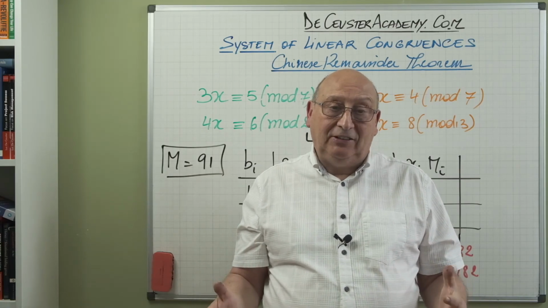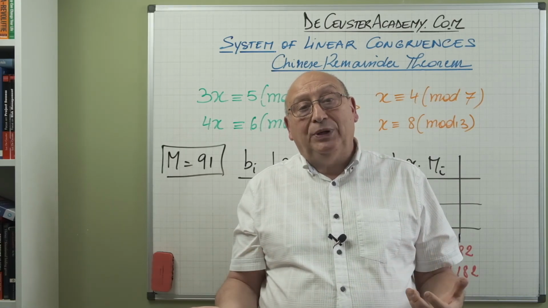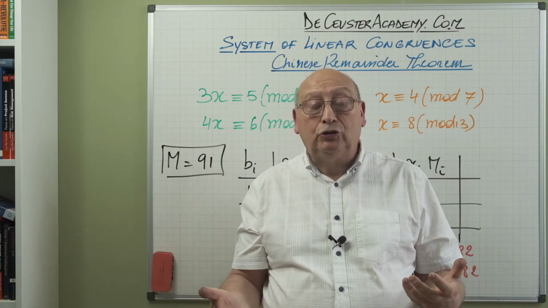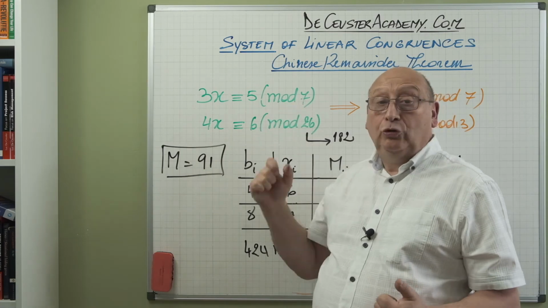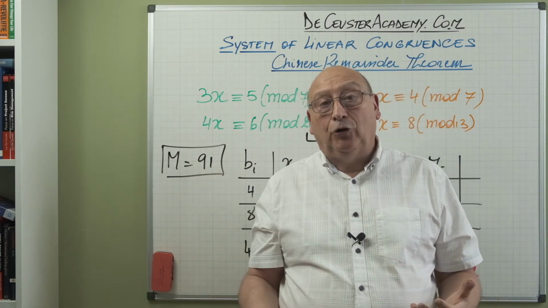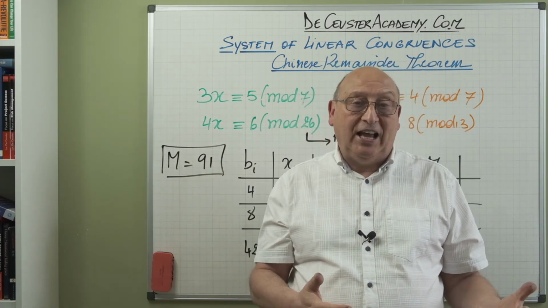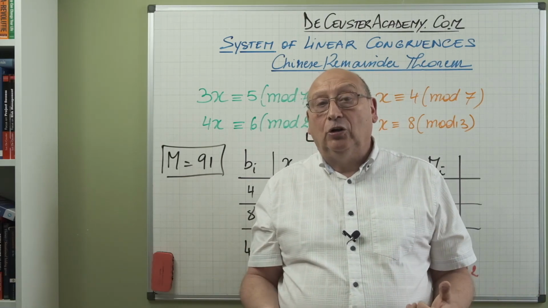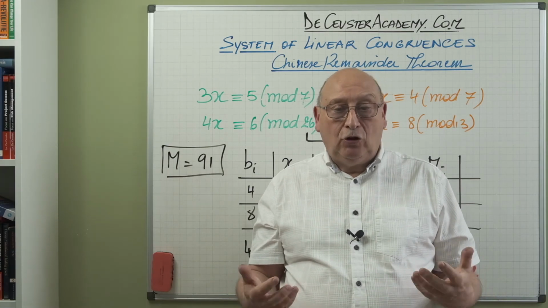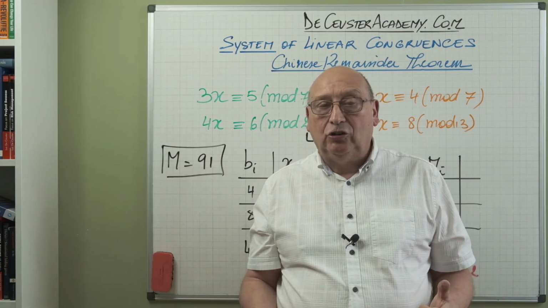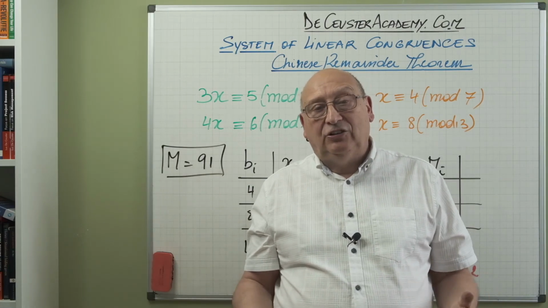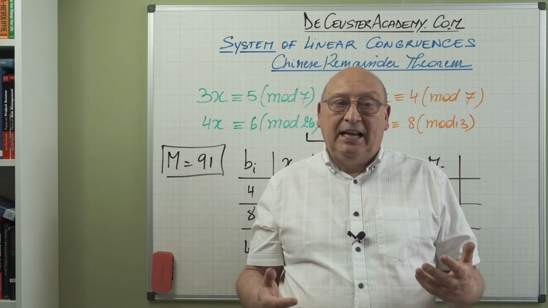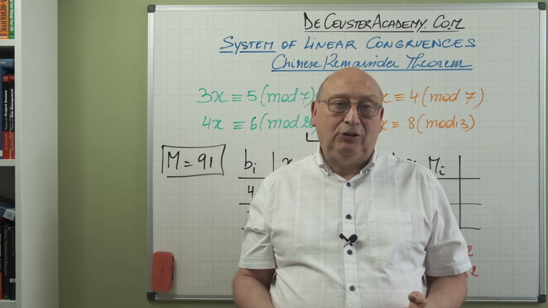Once we have done that, we can find a solution, but we have to adjust that solution, and we have to add more solutions which are congruent to the original product of the moduli. So in this case, the reduced modulus was 91 and the original was 182. So we have an additional solution here. We have to add the 91 to the original solution and review everything modulus 182.